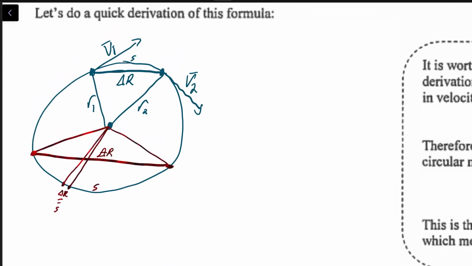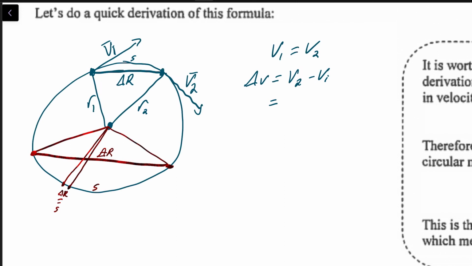Okay. All right, so a couple things that we want to do. First of all, the magnitude of the velocity 1 and 2 are going to be the same. However, because there's a change in direction, we do have a change in velocity, right? And change in velocity is, of course, velocity final, velocity 2 minus velocity 1.